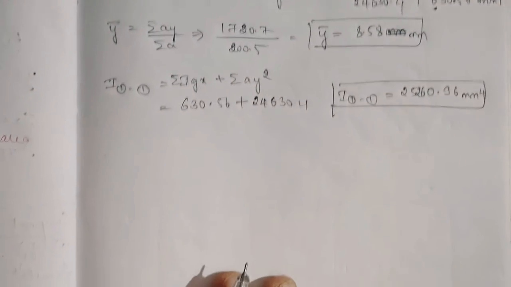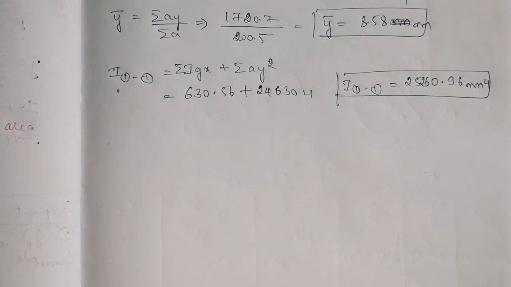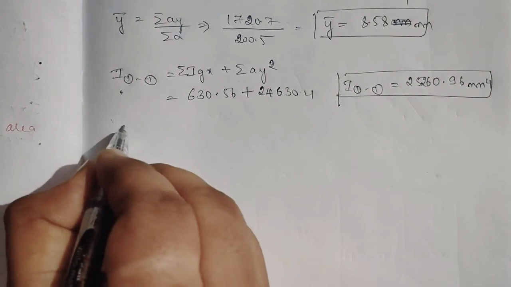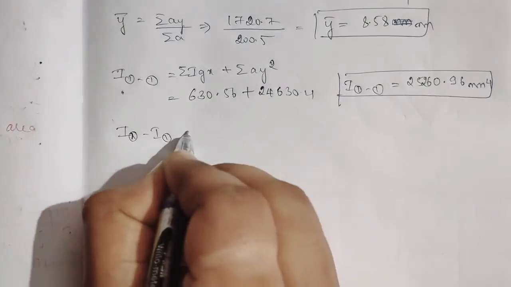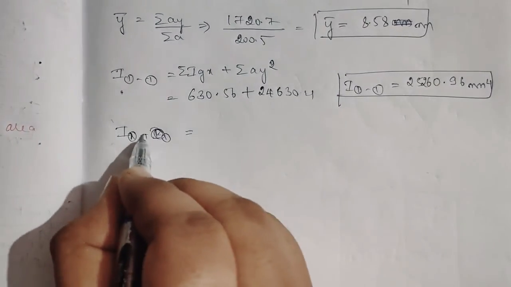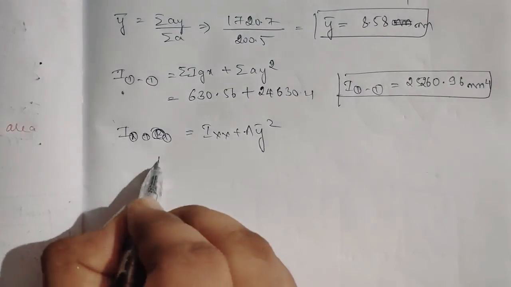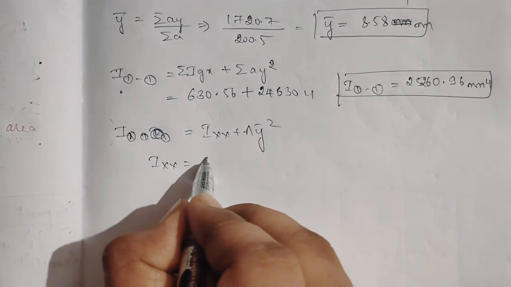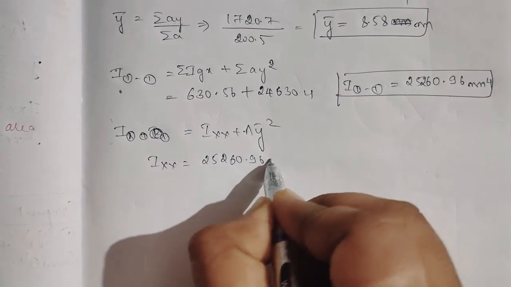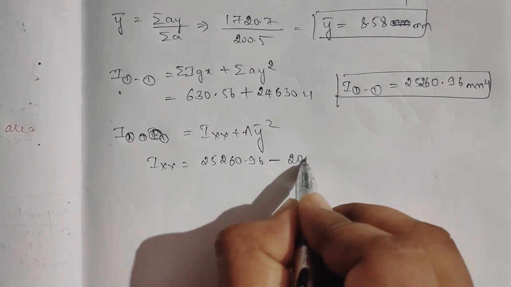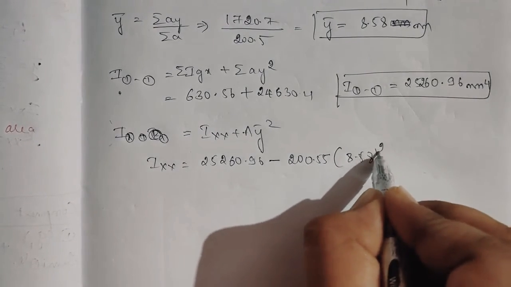Once I got the moment of inertia about the 1 axis, what can I find? I can find the centroidal axis Ixx by the parallel axis theorem. I11 is equal to Ixx plus a into y bar square. So Ixx is equal to 25260.96 minus area 200.55 into y bar 8.58 whole square.